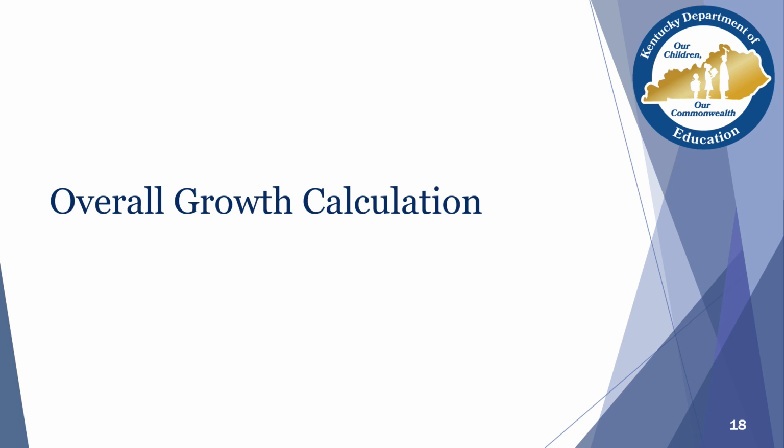We have done all of the heavy lifting by reading the value tables and calculating the math and reading and the EL growth. Now it's time for the final calculations of overall school growth. Gee, looks like an average to me. Add the reading and math growth scores together, then divide by 2. This is easier than you thought it was going to be, isn't it?